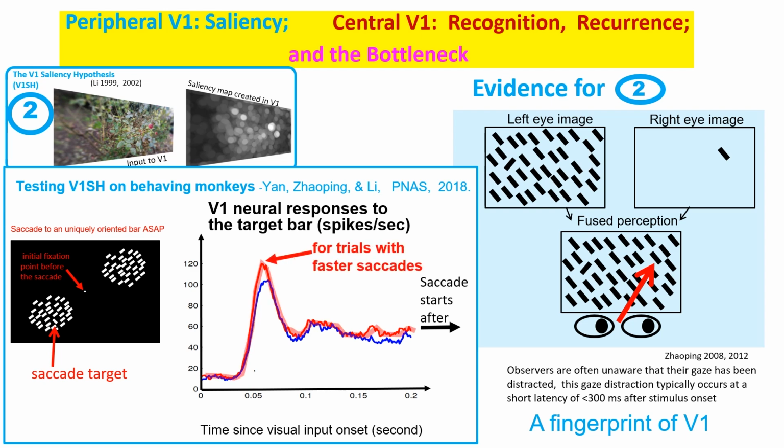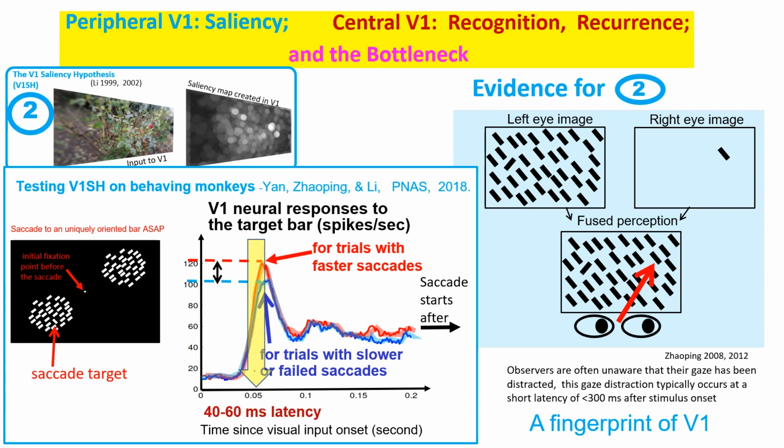This is the average response from trials with a faster onset of the saccade. This is from trials with slower or incorrect saccades for the same visual input. Their difference should therefore be associated with the saliency difference in behavior. This difference is significant at a very short latency of 40 to 60 milliseconds, too short for the saliency signal to arise from feedback from any downstream visual regions.